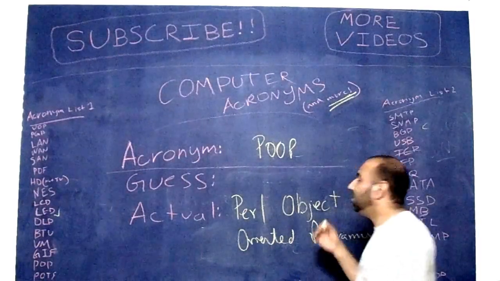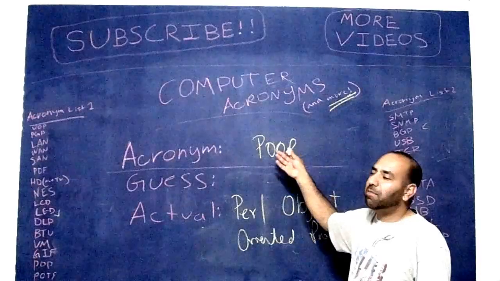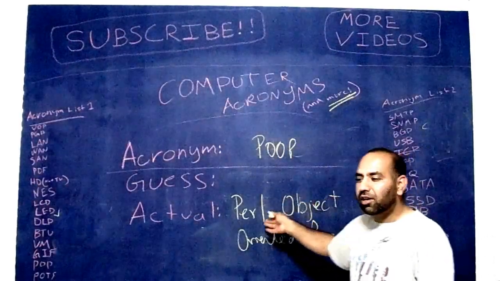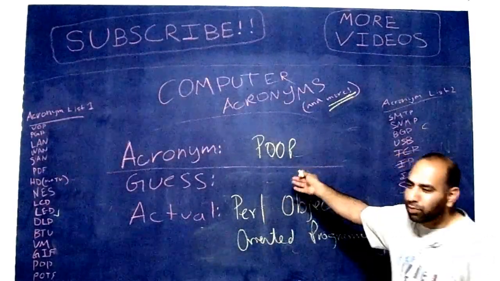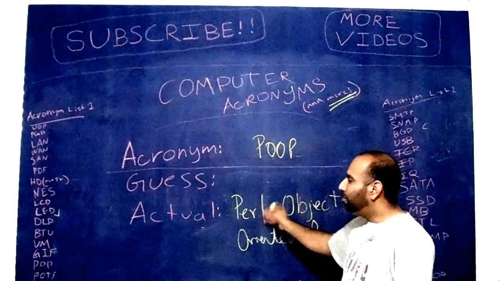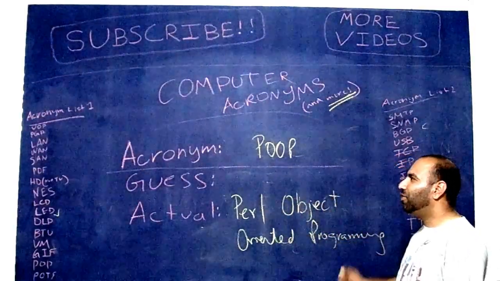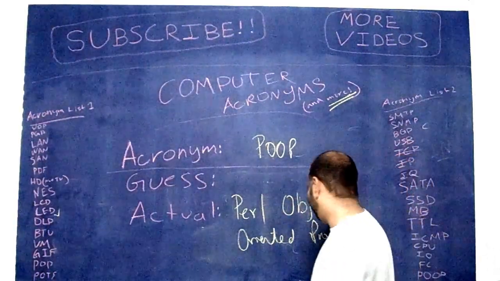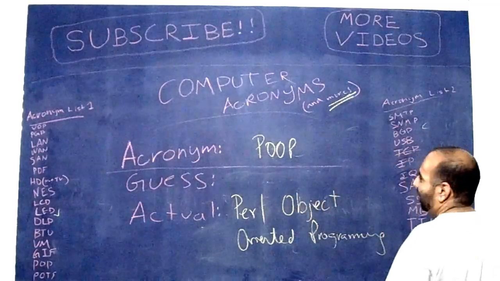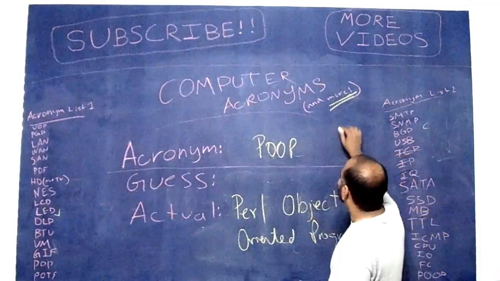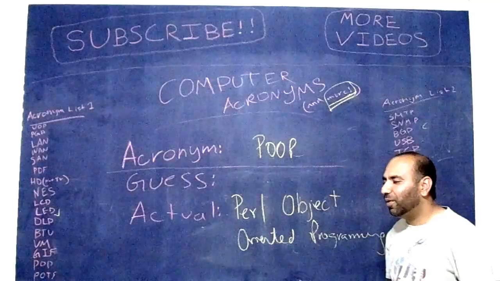So yes, this is officially an acronym. If you are a Perl programmer, you know what POOP stands for, because it is Perl Object Oriented Programming. Is it people offending offended people? Oh, okay, well that's not even on there.